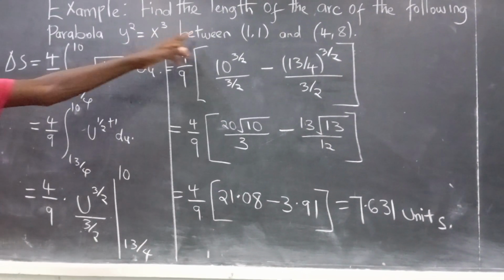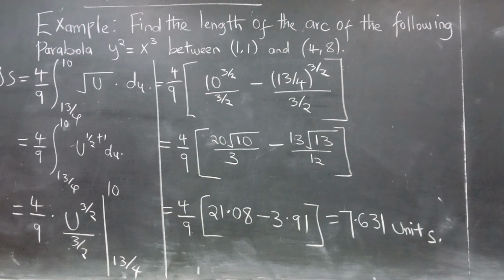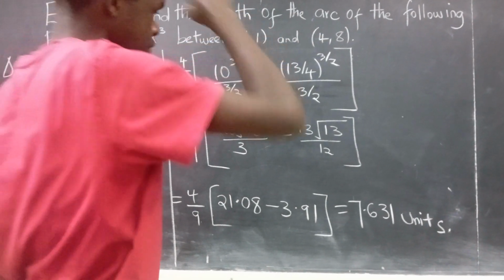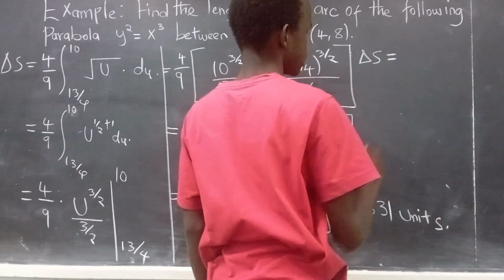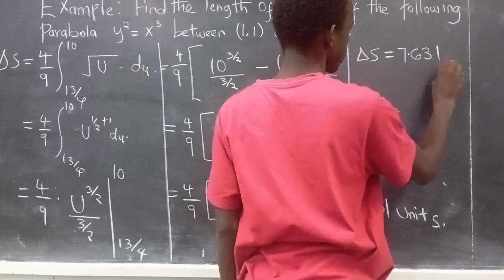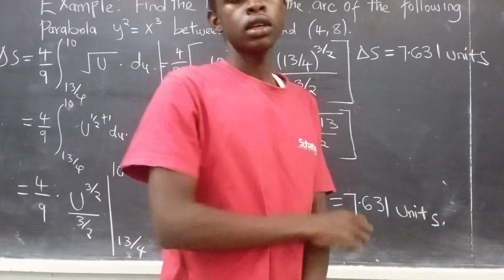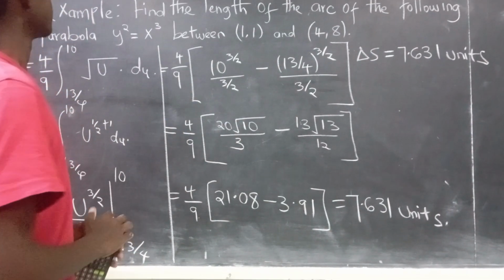So the length of the arc of this parabola over that interval, my ds for that, is 7.631 units. So this is my answer.